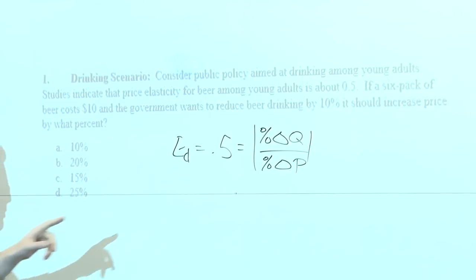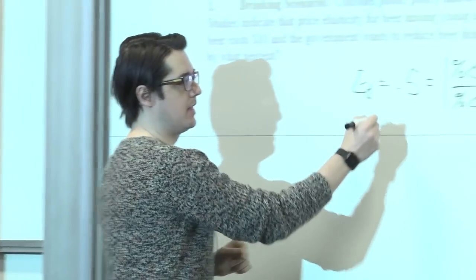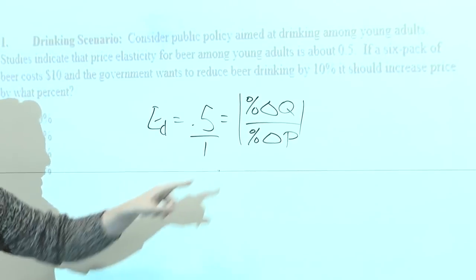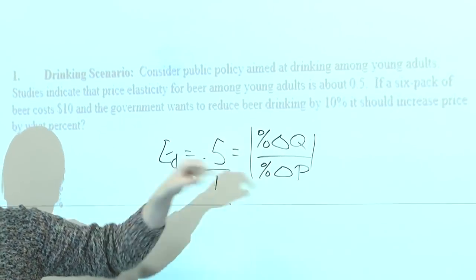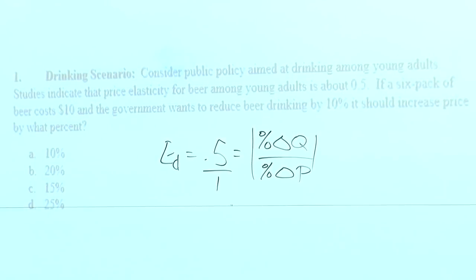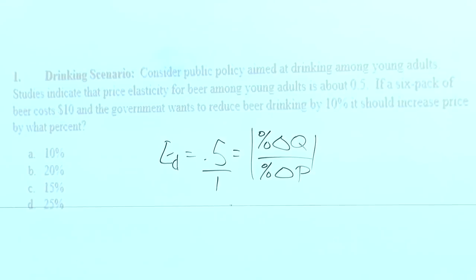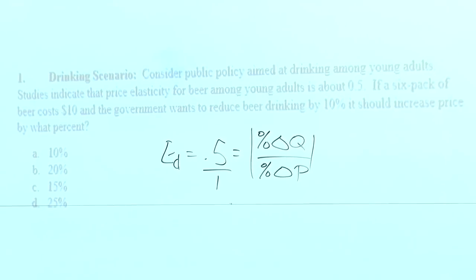Well, a 1% change in price results in a 0.5% change in our quantity demanded. So we could think of this as 0.5 over 1, right? Our percent change in Q divided by our percent change in price. So a 1% change in price results in a 0.5% change in Q.